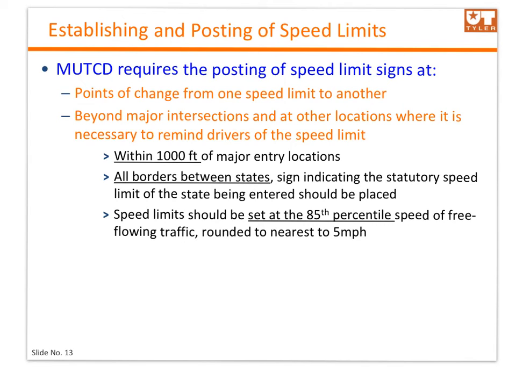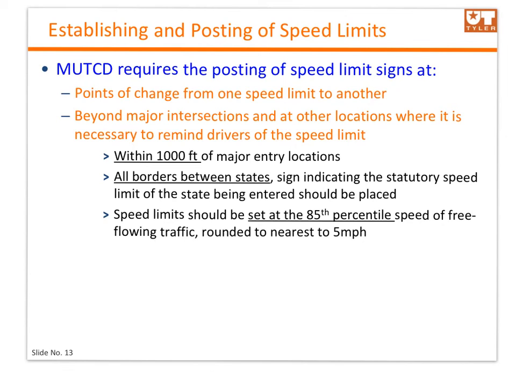So as I always say, if you are driving from here to Dallas on I-20, and you change from I-20 to US 80, the speed would drop from 75 miles per hour to 70 miles per hour. That's why at that fork you would see the speed limit posted right away to let the driver know that the speed limit is changing, whether it's increasing or decreasing. We have to post a speed limit right there.